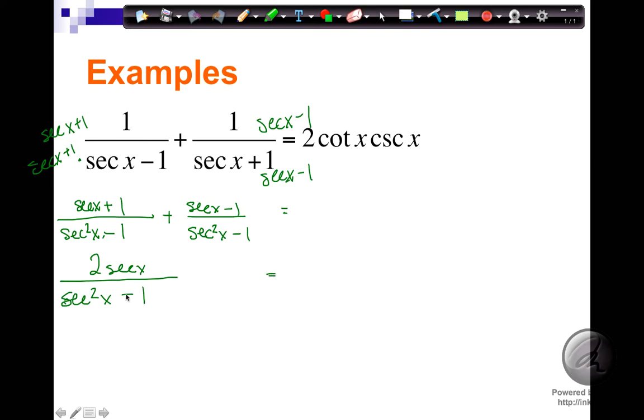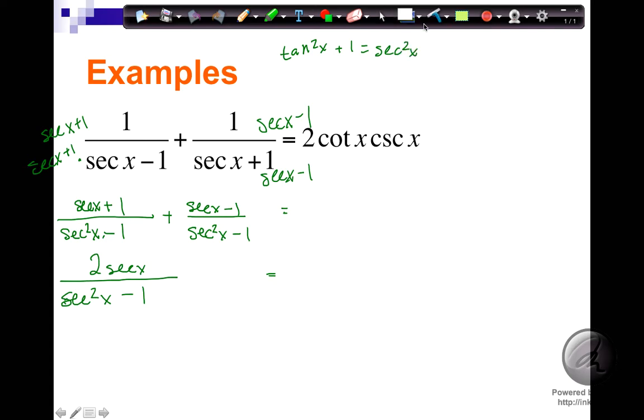Now, this doesn't really look like it's going to what I want it to go to in this particular case. But here I have secant squared minus 1, and I know that tangent squared x plus 1 is equal to secant squared x.